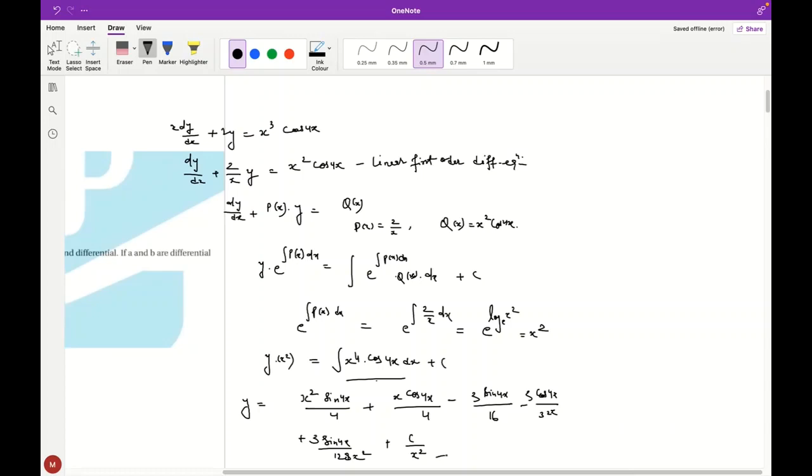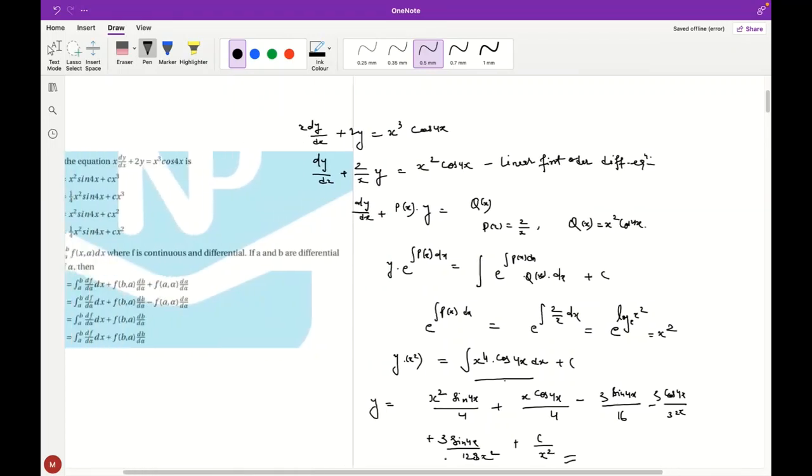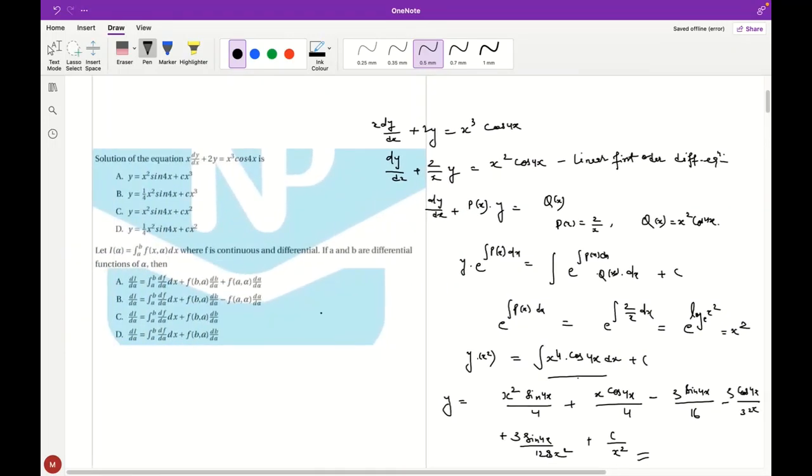So this will be the solution, and you can see that no answer is matching this solution. So in the exam you can see in the answer key also that this question has been dropped due to no answer being correct.